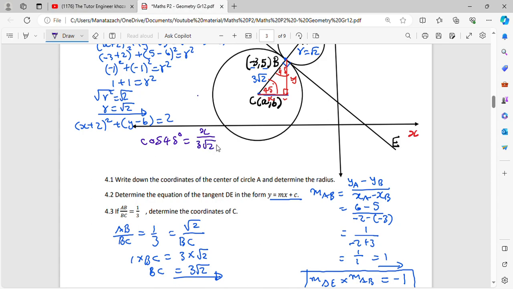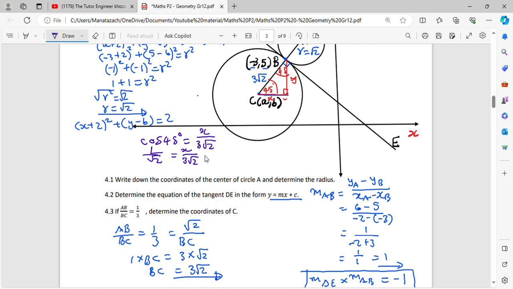R is 3 times root 2. Cos 45 we can replace by 1 over root 2, or you can just simply use a calculator, but cos 45 is 1 over root 2. Then here you'll have 3 root 2.